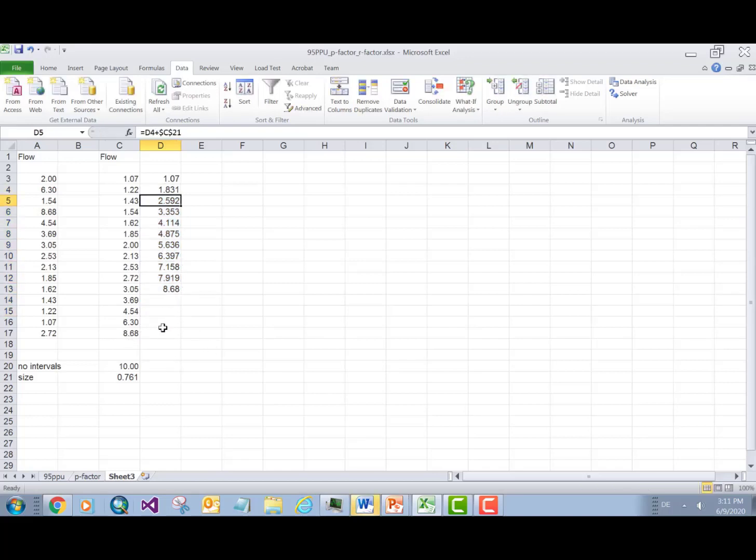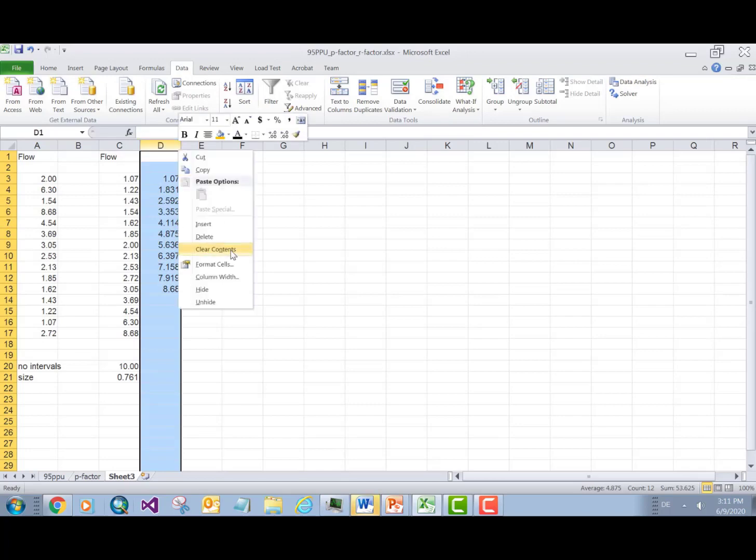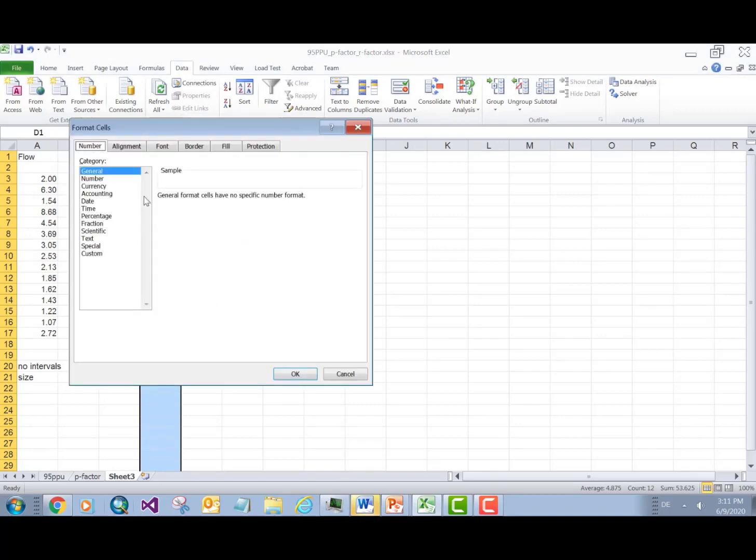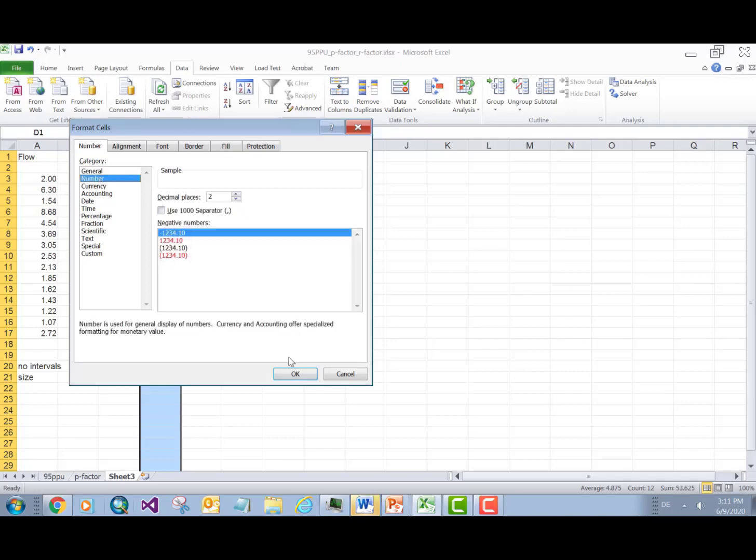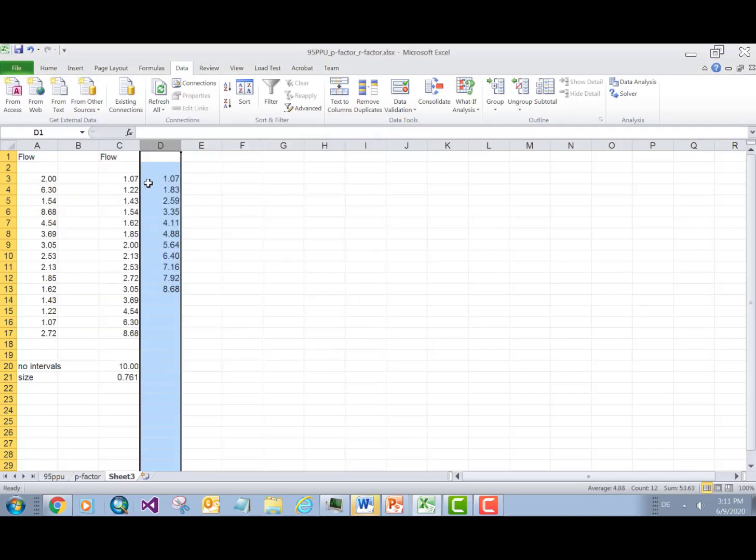So this is the 10 intervals, and those are the divisions. Let me just, to make it easier, format this so that we have 2 decimal points. It's easier to see.